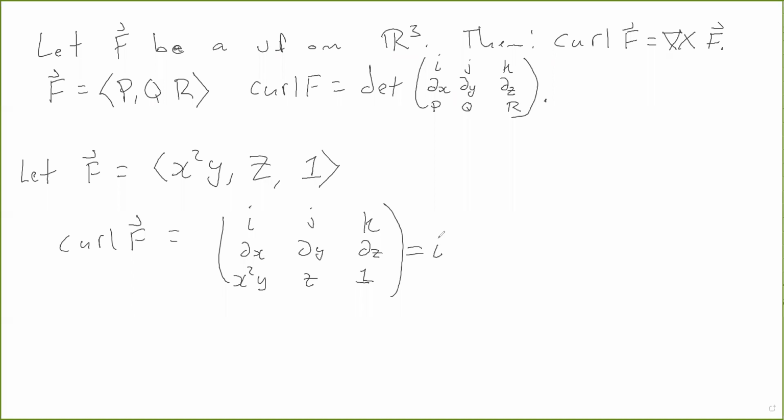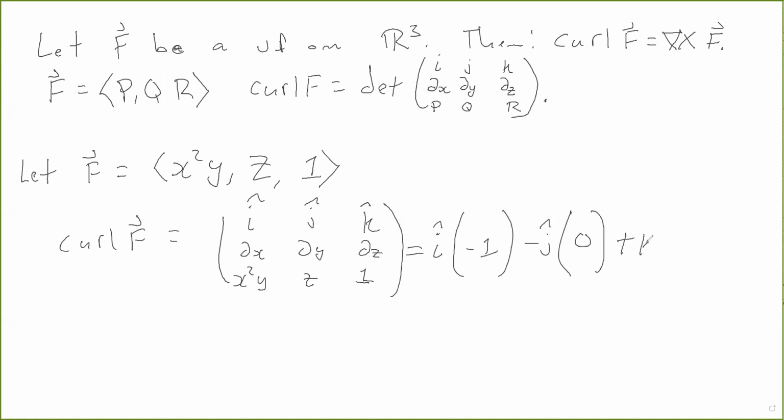Okay, so this is going to be I times the determinant of this 2 by 2 matrix. So it's the partial derivative of 1 with respect to y minus the partial derivative of z with respect to z. So that's just going to be minus 1. Okay, now for the next one, it's minus j. So really, these should all have hats, but I'll be lazy with that. So it's minus j times the determinant of this 2 by 2 matrix. So it's the partial derivative of 1 with respect to x minus the partial derivative of x squared y with respect to z, which is 0.